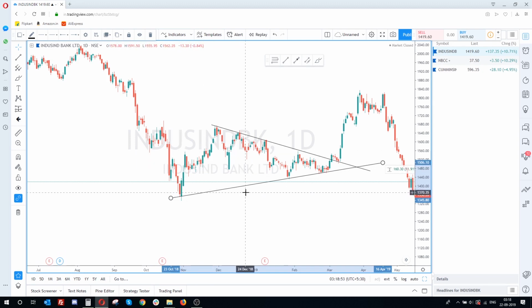I will explain in detail why we choose body over the wick. If you choose body, you will be able to cover more candles. The more candles you are able to touch, the better the pattern is, right? In this case it's fine, but in many other examples you will be able to touch only two candles if you are drawing based on wicks.